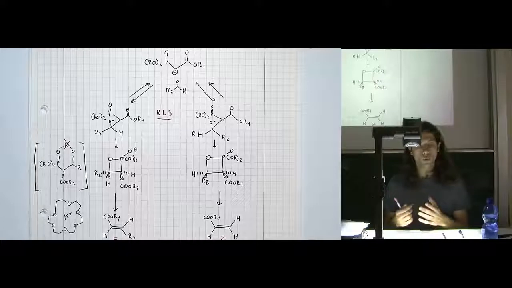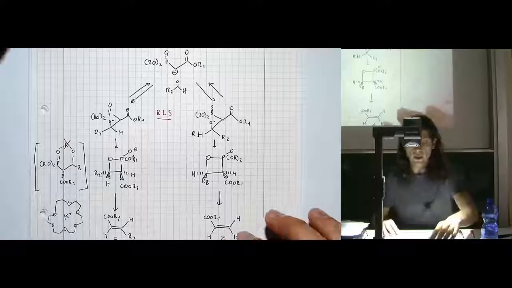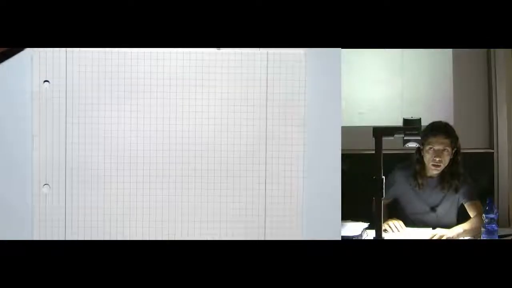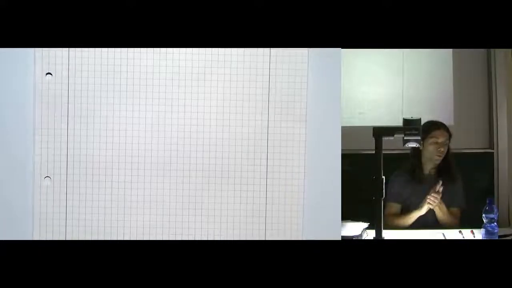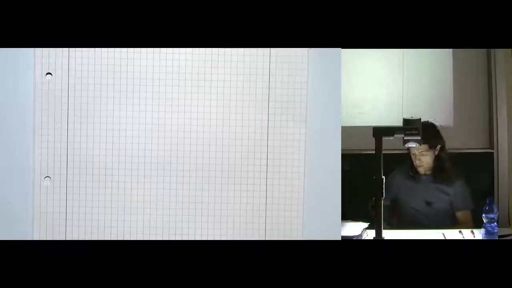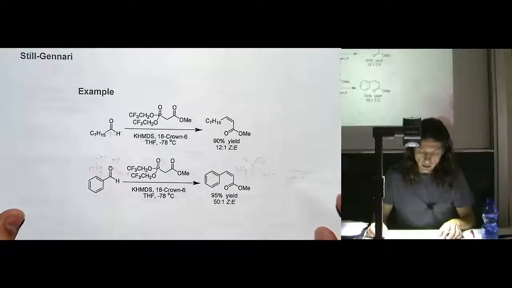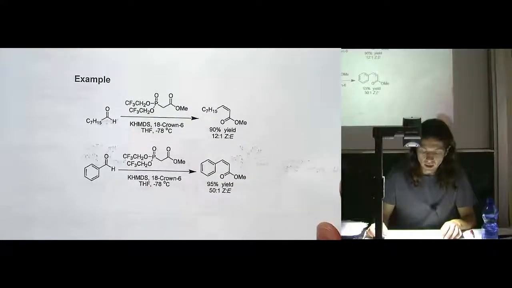So the stereochemistry we can explain as a function of the steric hindrance, which we can see very clearly whenever we draw the structure again, the approach for the 2+2 cyclization. So some examples of this reaction are shown here.